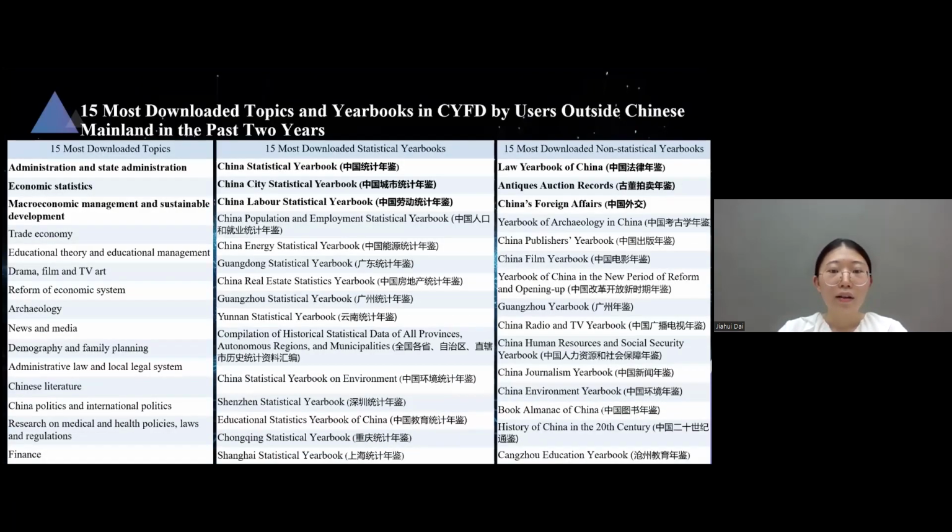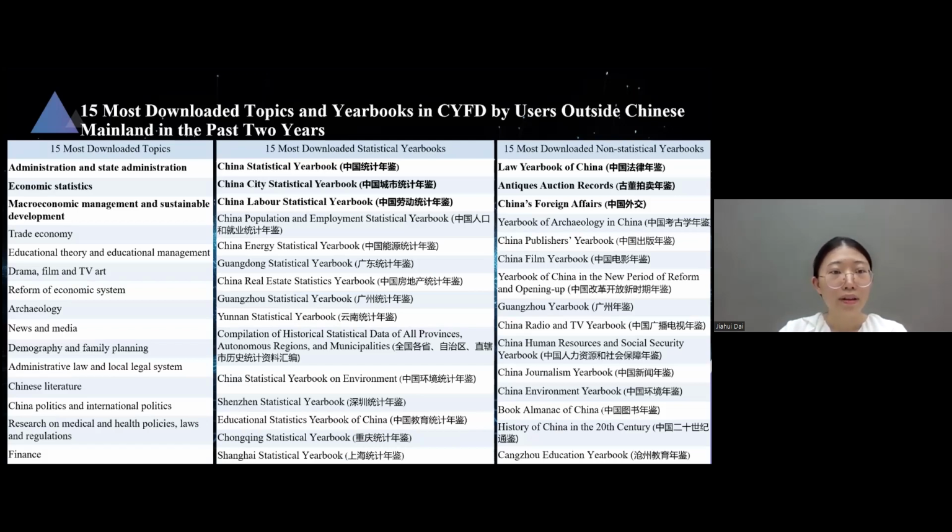After learning about yearbook resources, are you wondering which one is the most downloaded yearbook? Next, let's take a look at the 15 most downloaded topics and yearbooks in CYFD by users outside Chinese mainland in the past 2 years.